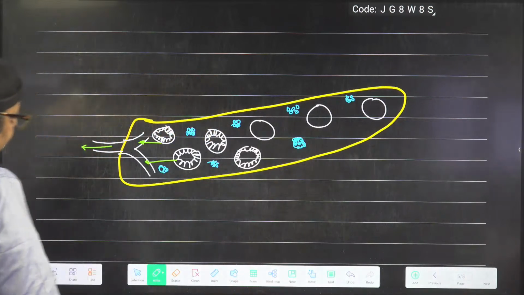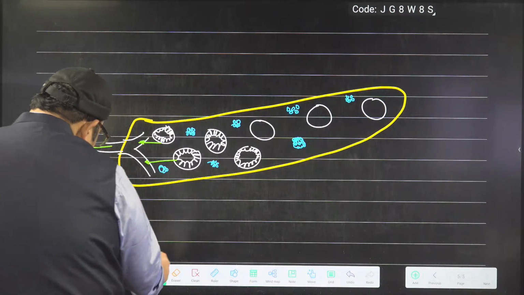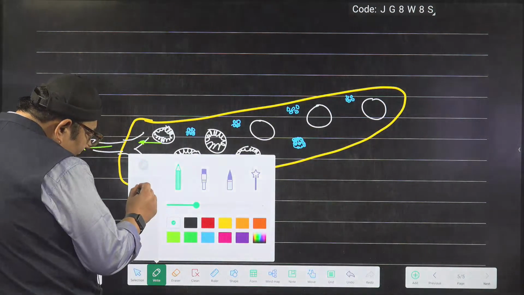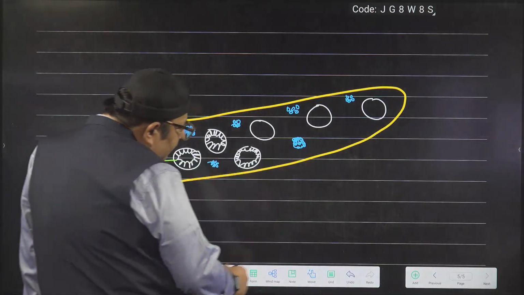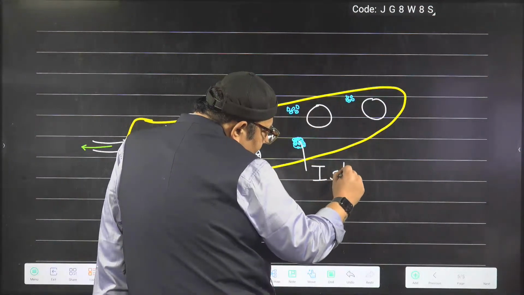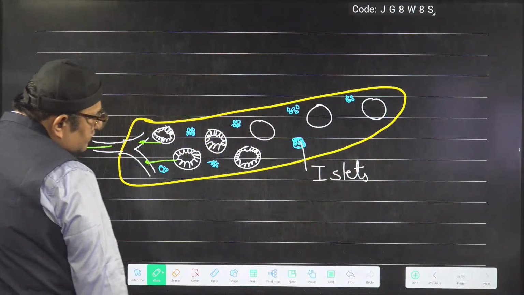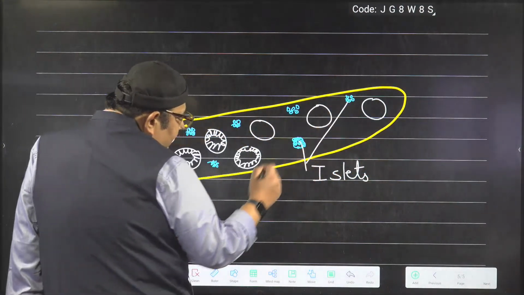And children, these islands in the vast ocean, we call them islets.